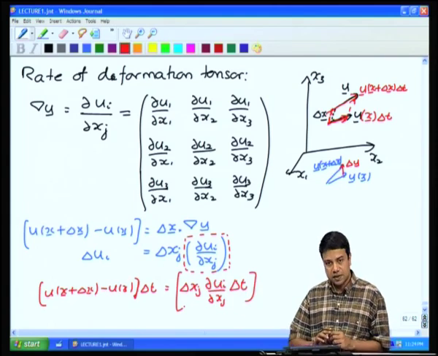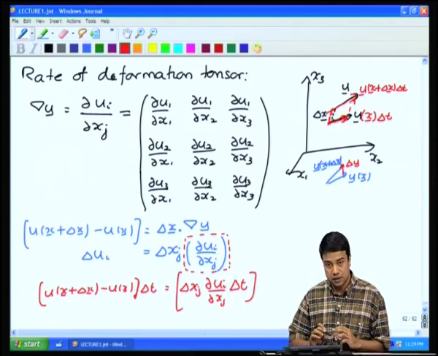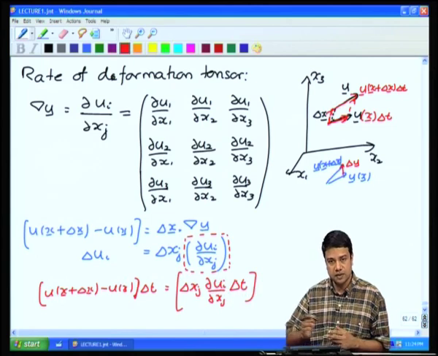So, this line element delta x j has changed by an amount equal to partial u i by partial x j times delta t when you have traveled this distance.